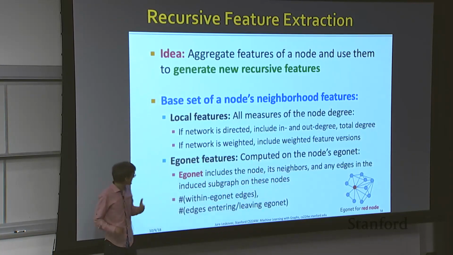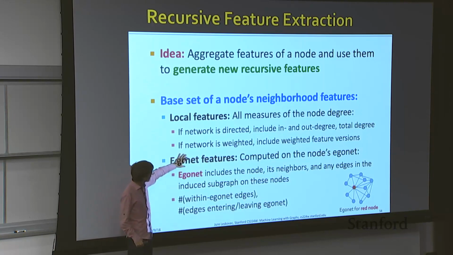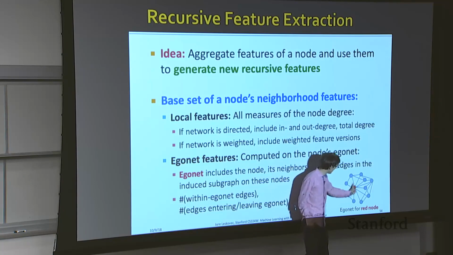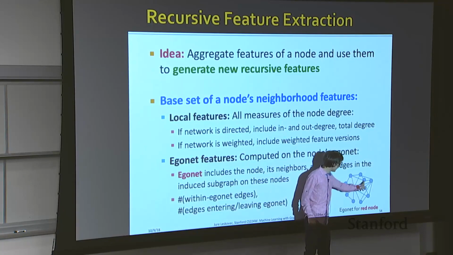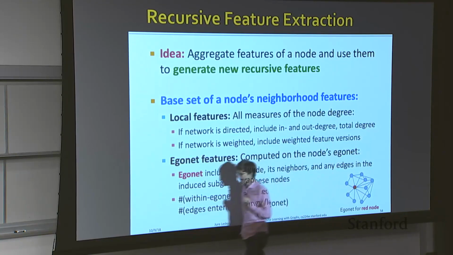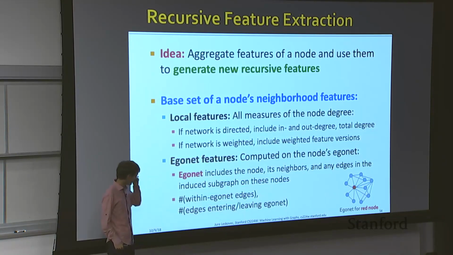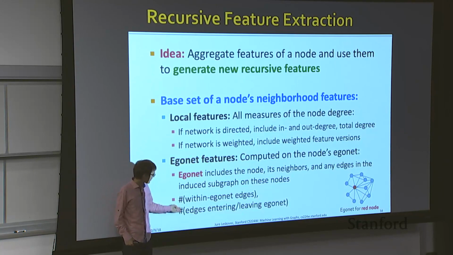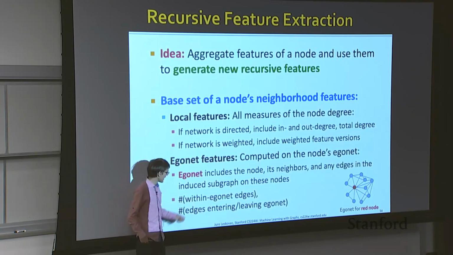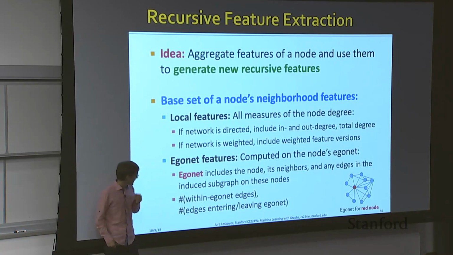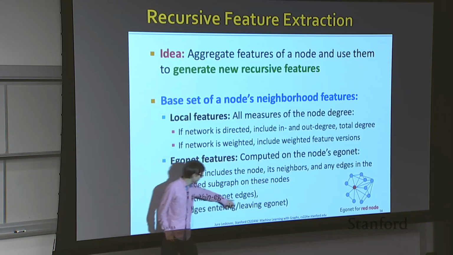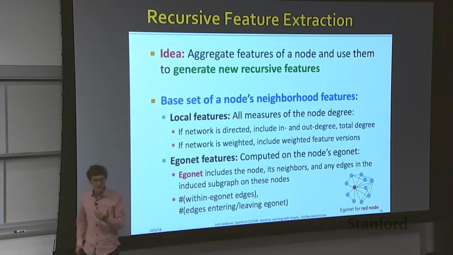These are the base features. Then I will also create the ego network features, where I'm not just taking the node and the edges it has out, but also the edges between the neighbors, or friends, of a given node. This is called an ego network. And then I can compute new features, such as the number of edges that go between the friends, which would be within-ego-network edges. I can also say how many edges are entering the ego network, how many edges are leaving the ego network, and so on.